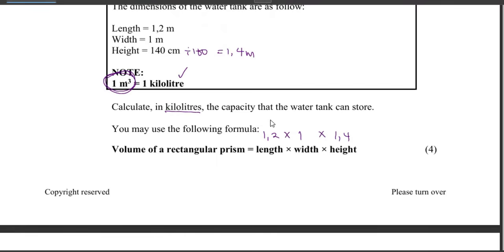So the answer becomes 1,68 meters cubed. But they have told you if you have 1 meter cubed, you have 1 kiloliter. So simply meaning our capacity is 1.68 kiloliters.